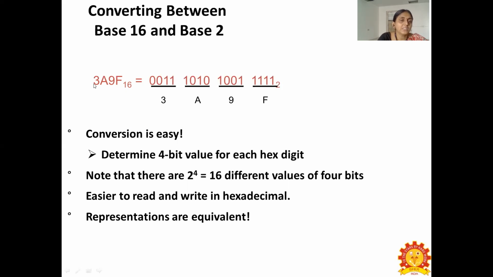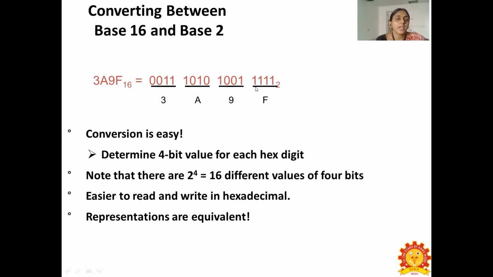Now we represent 3 as 4-digit representation of binary as 0011, and A can be represented as 1010, and 9 can be represented as 1001, and F can be represented as 1111.